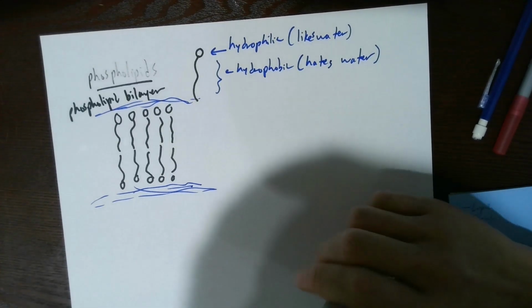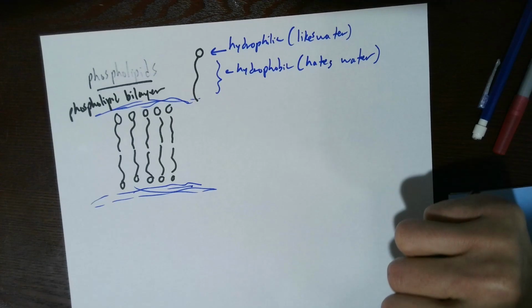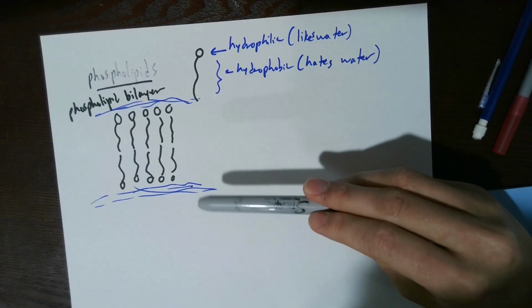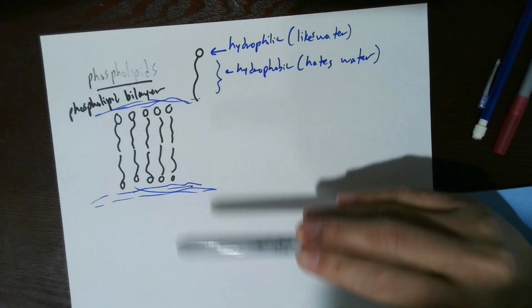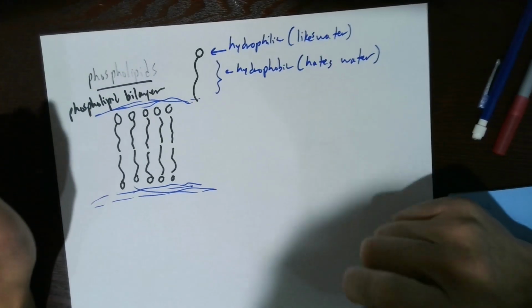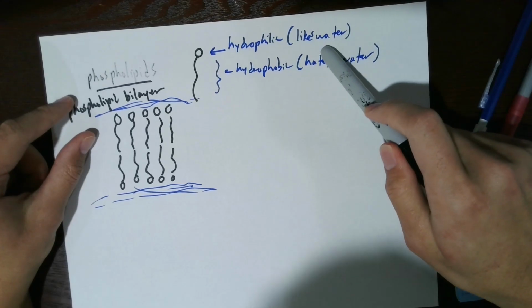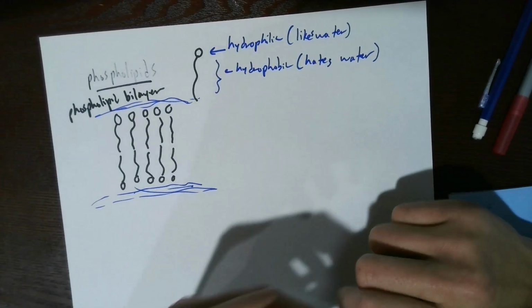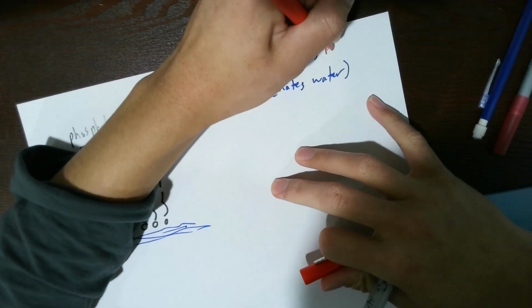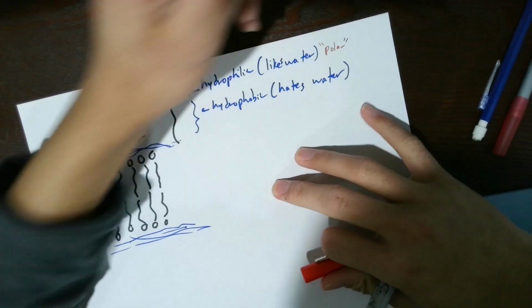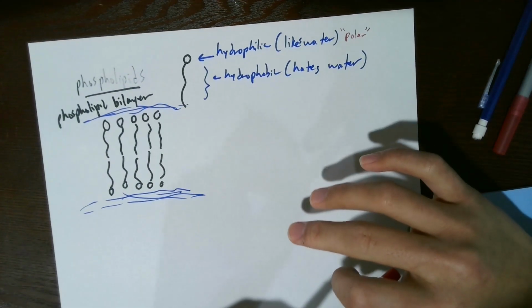Now, an important thing about the polarities, because why do we care about these different layers? In order to be water-loving, in order to like water, you have to be what we call polar. Polar means the charge isn't shared equally.